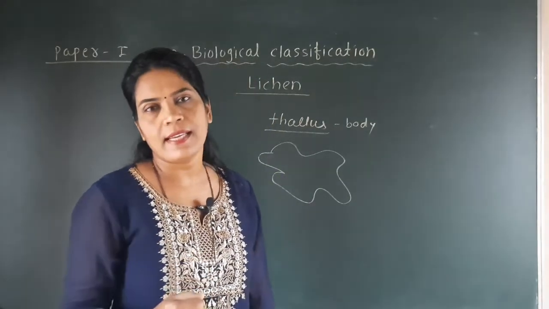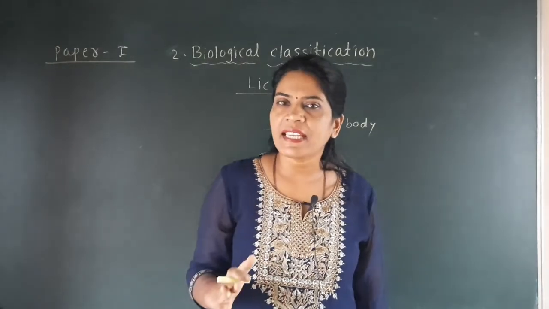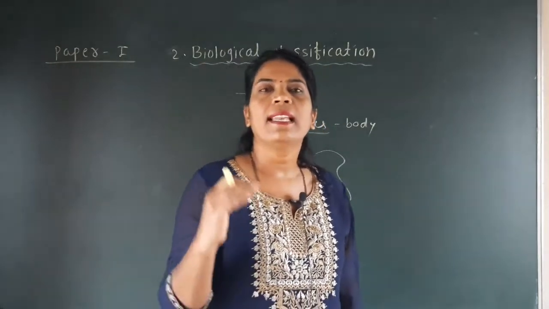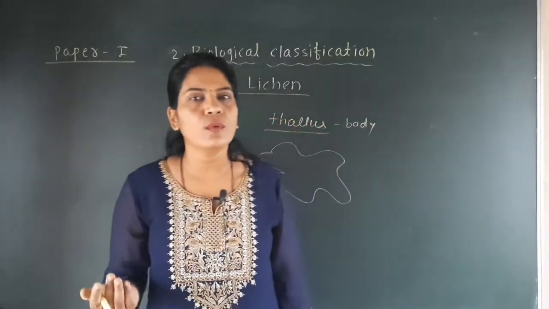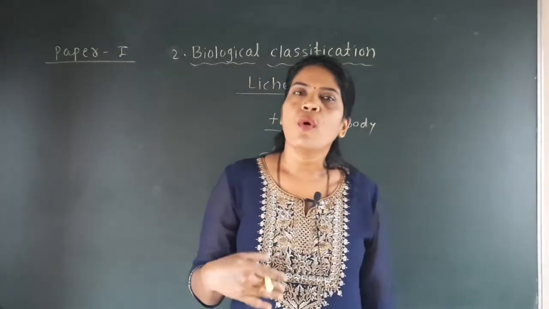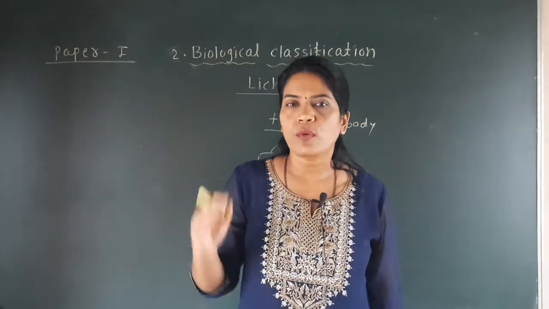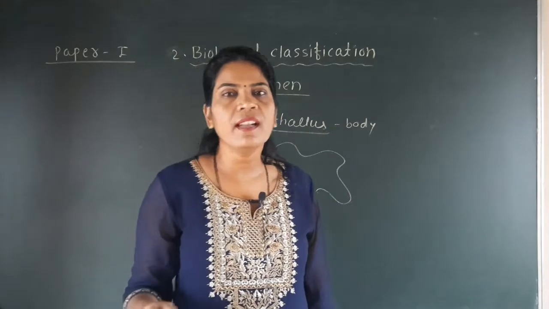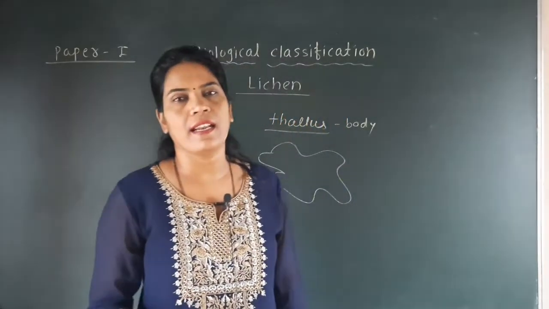Then where can this lichen grow? In the environment, lichen can grow on the rock, lichen can grow on the soil, even lichen can grow on the snow, lichen can even grow on the body of animals, and lichen can form on rocks or walls, on buildings. So there are a number of places in the environment where lichen can grow.